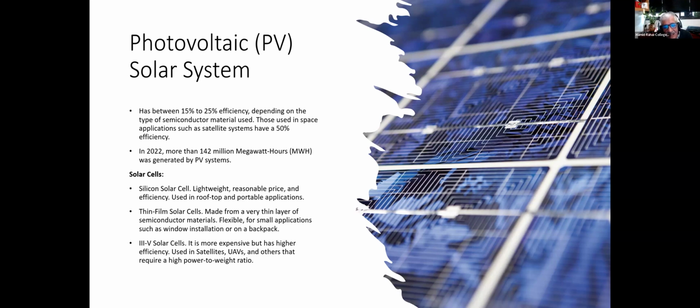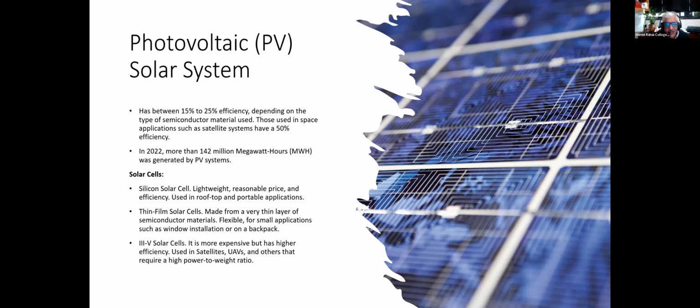The 3% that I mentioned amounts to 142 million megawatt hours of electricity generated by solar PV systems in 2022.